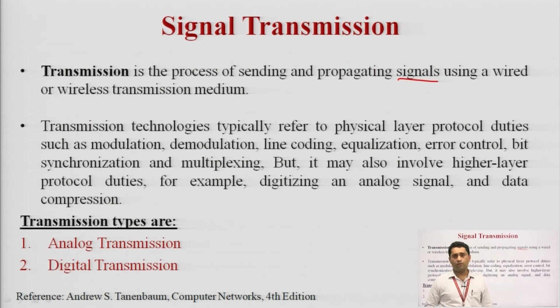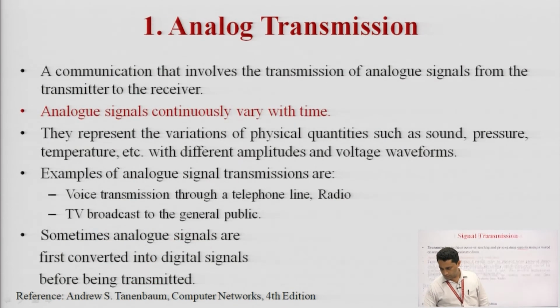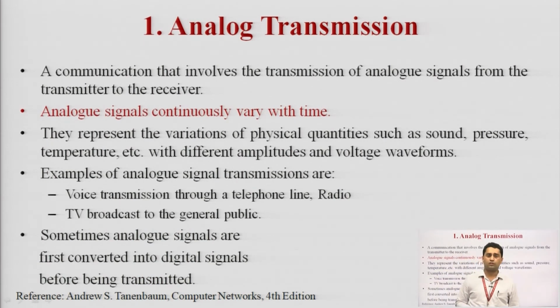Typically, signals are of two types, analog and digital. What exactly is an analog signal? An analog signal means my data is traveling in a continuous manner and a sinusoidal wave is formed. Three or four decades back, all signal transmission was through analog signals.